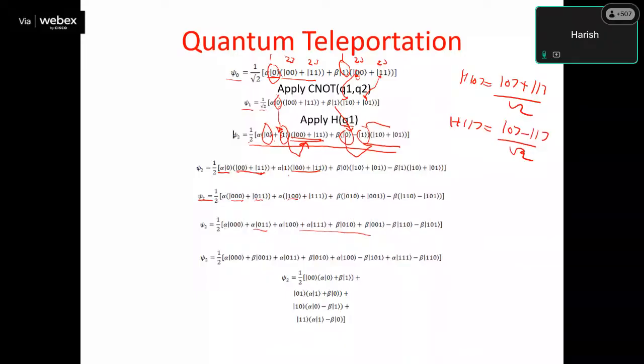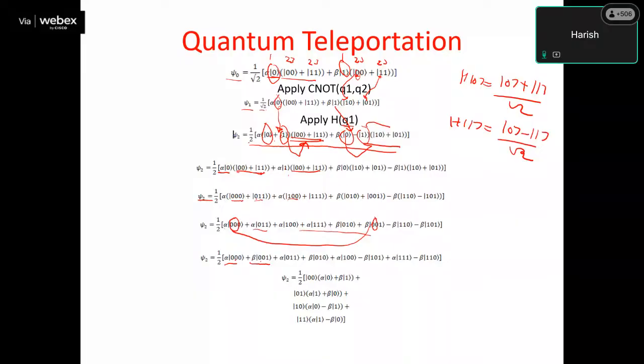Now we are trying to rearrange, and we want to make sure that the first two qubits are the same. Wherever the first two qubits are similar, we combine those two terms. So see here, in this case the first two are 00, and here also we have 00. So these two terms we bring together: alpha times 000 plus beta times 001. Why are we doing it?